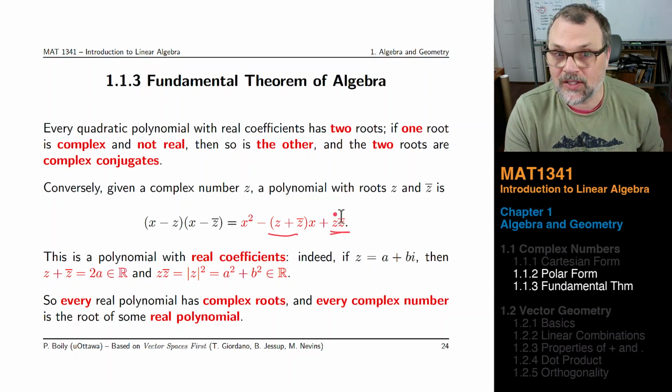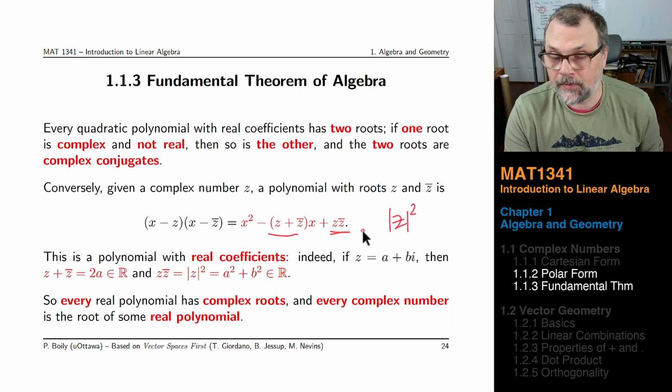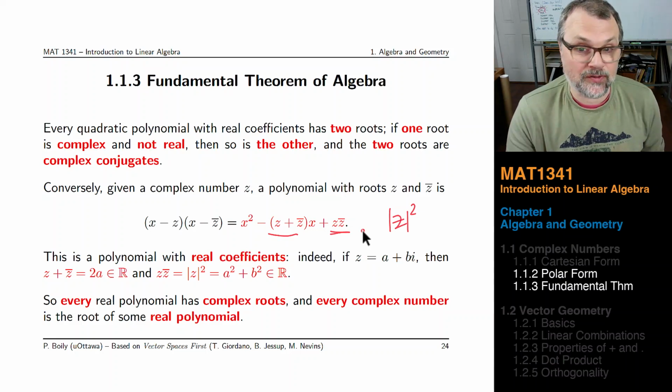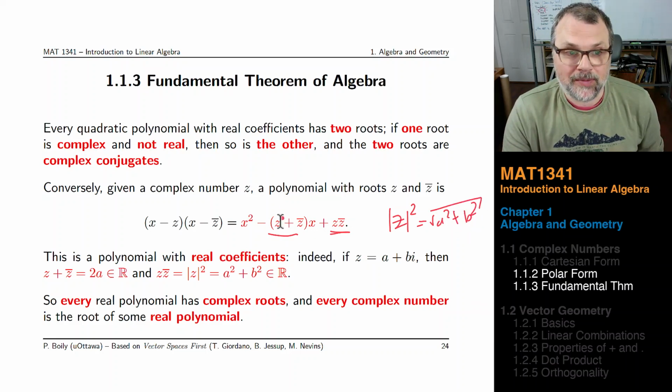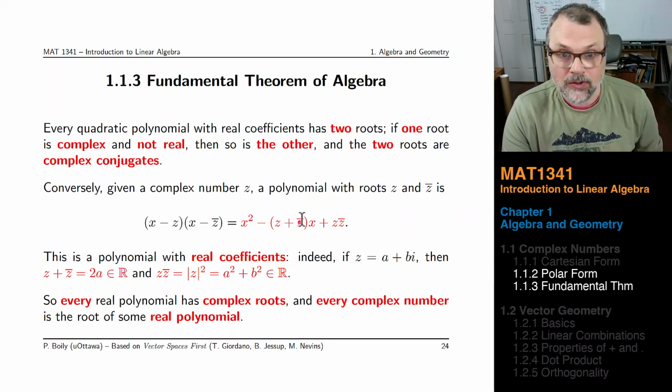That is just the modulus of z squared, or the square of the modulus of z. And we know that's a real number. That's the square root of a squared plus b squared, squared, which is real. The bit that's perhaps less obvious is that z plus z bar is also real.